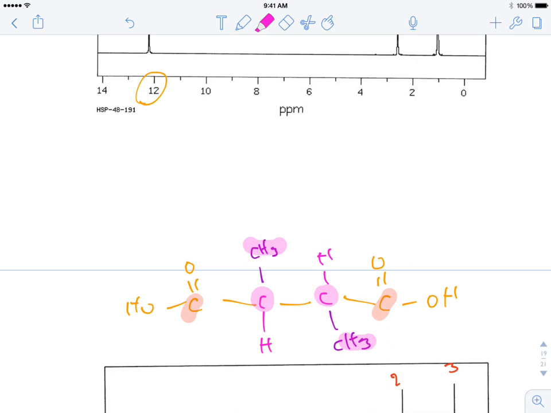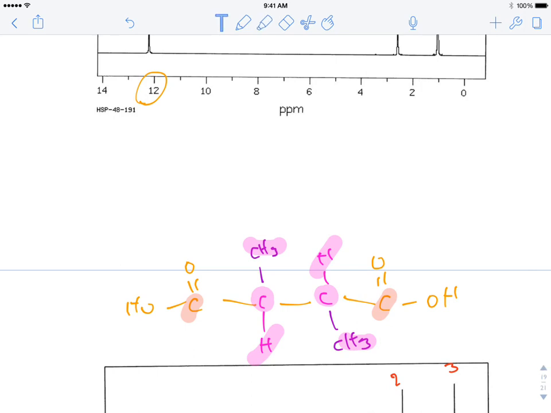However, we also have hydrogens here that belong to a surrounding carbon. But that would mean we have a total of 4, and we would see a pentet. However, that doesn't show up because of the symmetry.